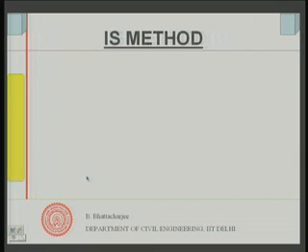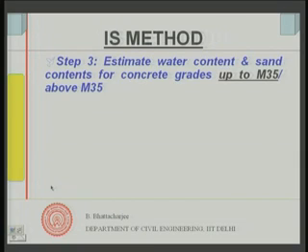Step 3 would be to determine water content and sand content for concretes, and this is done using a set of two tables, again based on empirical data generated. Now, let's recall our earlier discussion.